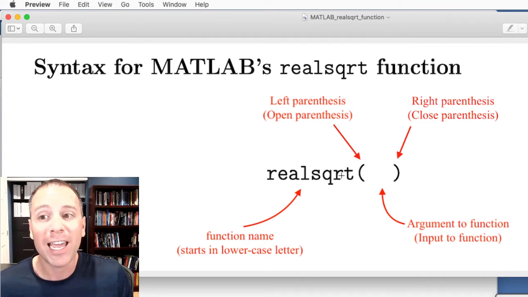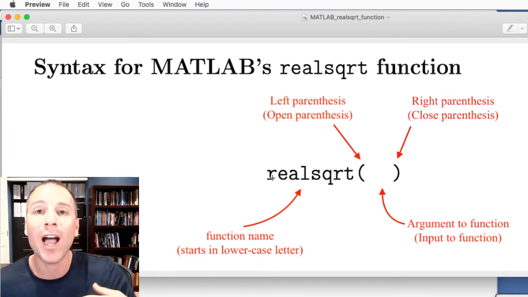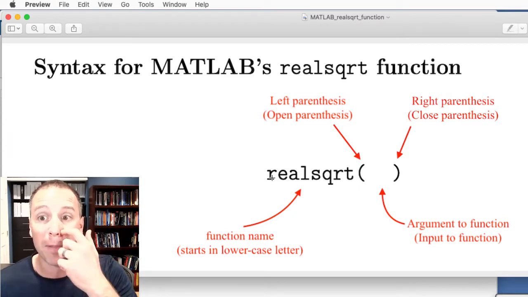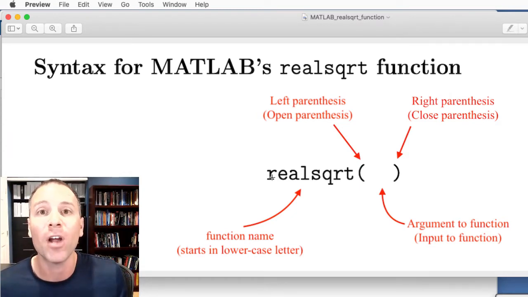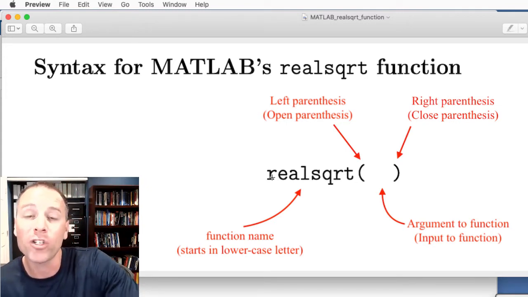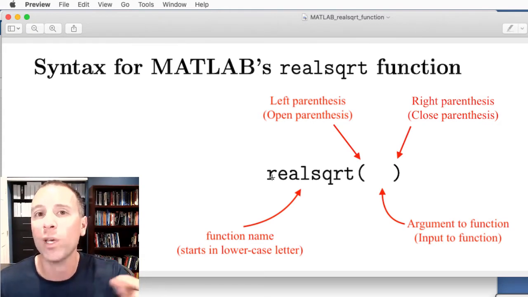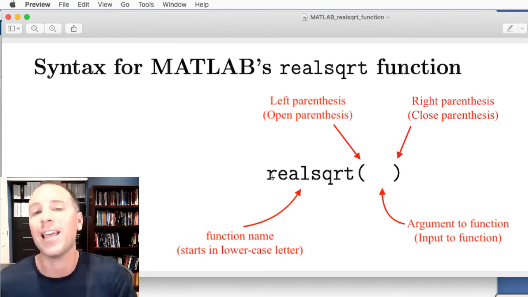That function name tells MATLAB to do some calculations internally. Every built-in function in MATLAB is going to start with a lowercase letter. We'll talk more about that later. When we define our own functions, I'm going to recommend that we use an uppercase letter to distinguish between what we call built-in functions versus user-defined functions, functions that we write. That's a kind of a trick that we can use to immediately know, hey, this is something that I wrote. Oh, that function over there is something that MATLAB is writing.